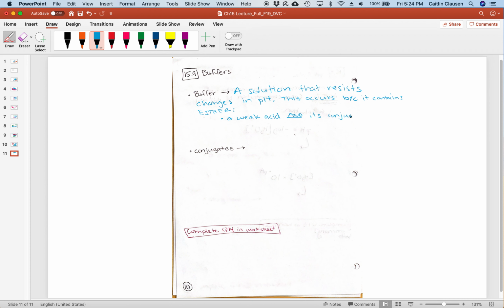We're going to define conjugate in a minute. Or this solution contains a weak base and its conjugate acid.